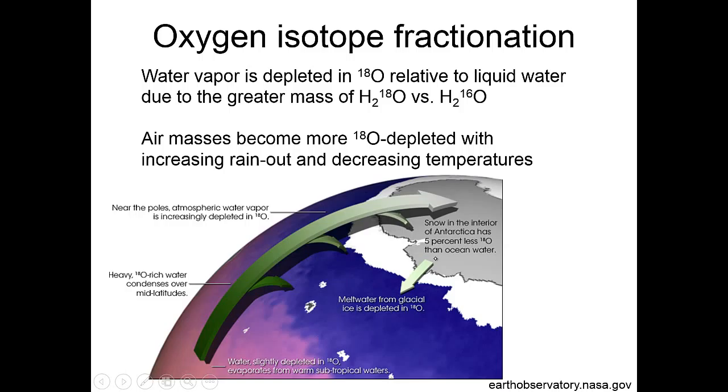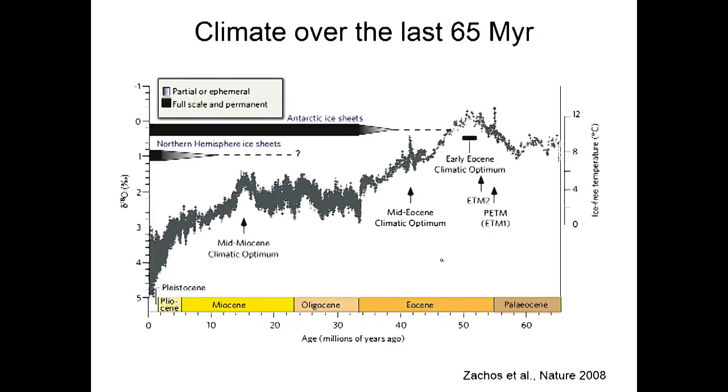And as a result, buildup of ice tends to enrich the remaining ocean in O18 because the ice is depleted in O18. And so returning to this plot, as ice sheet starts to grow, not only does the deep sea become colder, but also the composition of the ocean itself, in which these foraminifera are growing, becomes more positive.